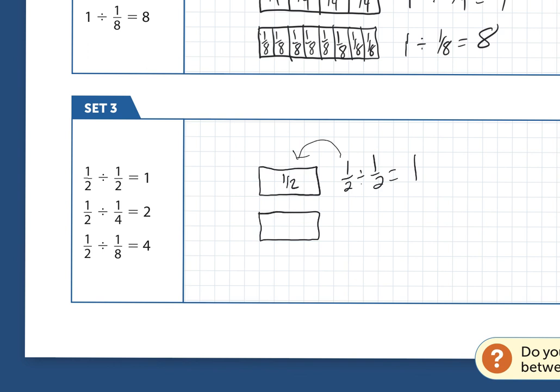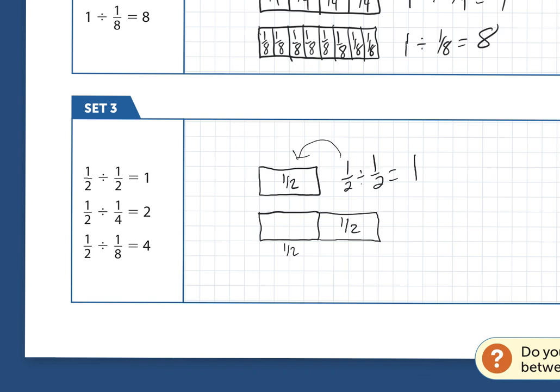1/2 divided by 1/4. I've got a whole box and I've got it divided into halves. I'm going to write 1/2 here at the bottom so I can draw lines.